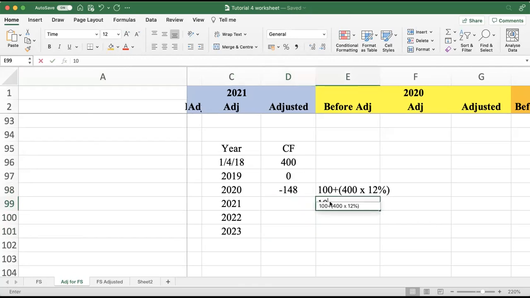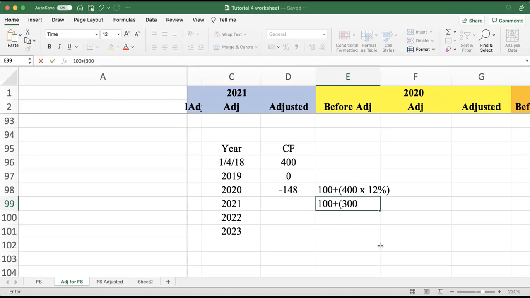Third year repayment again 100 plus interest. The loan balance when it comes to the third year is 300, because from 400 you pay a capital repayment of 100.